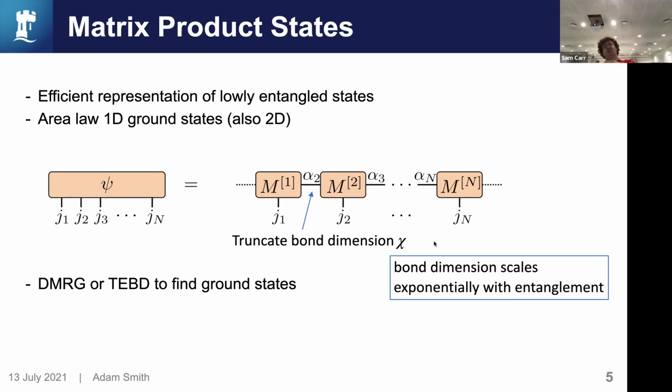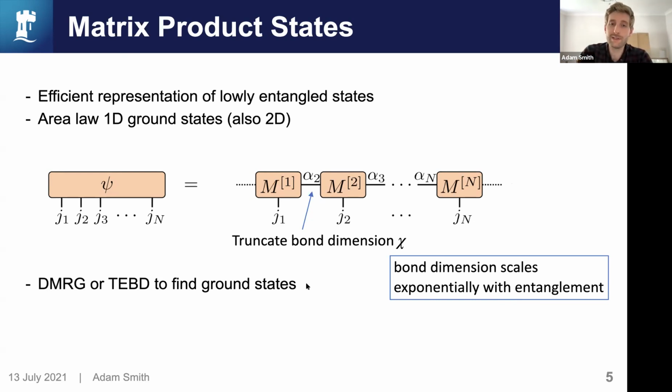The important thing to note is that the bond dimension, the size of these matrices, has to scale exponentially with the entanglement. Okay, so these are extremely powerful for understanding ground states, and we can use DMRG or TEBD to optimize these MPS to get the ground states.